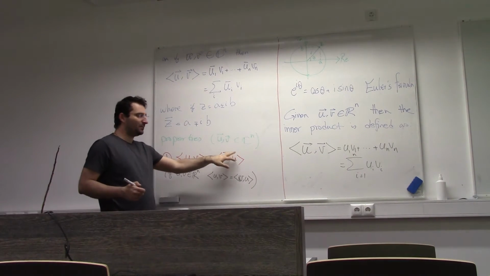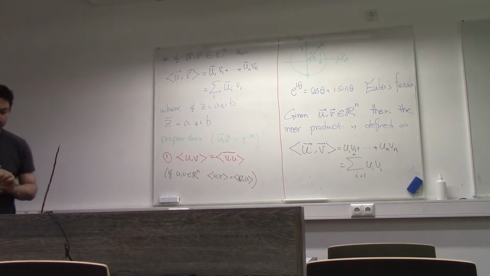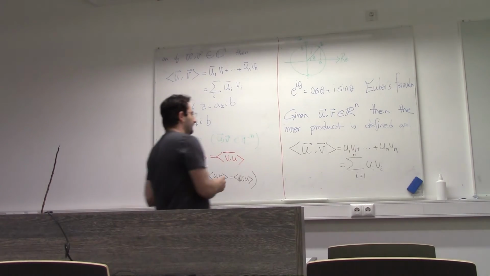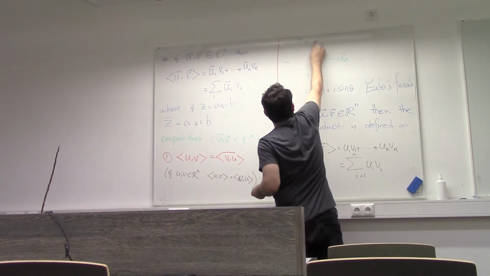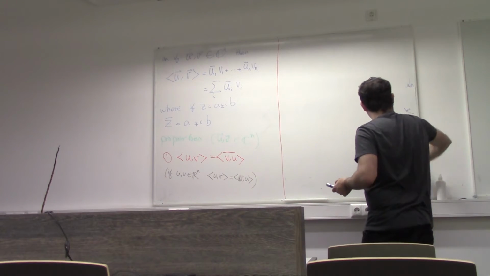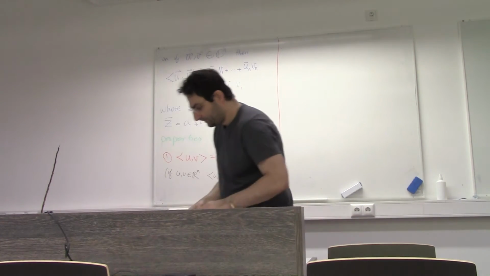But if they are complex, they are conjugates of each other. This is the first property.